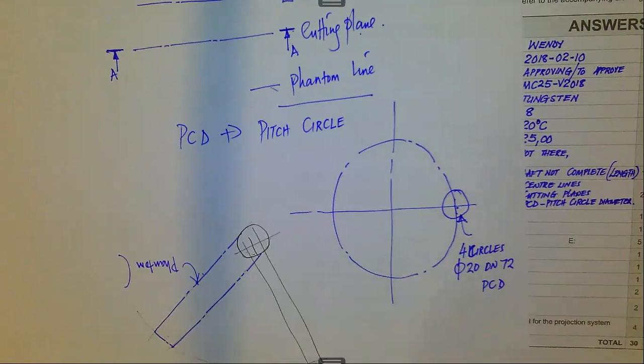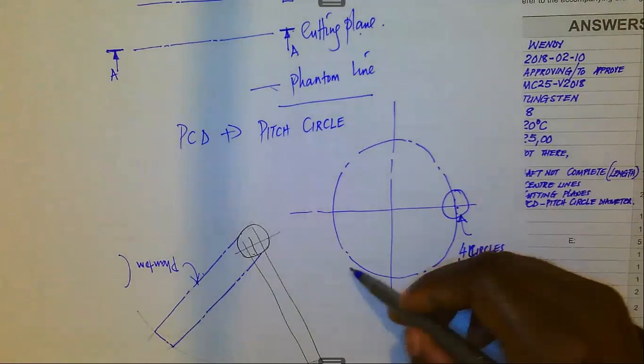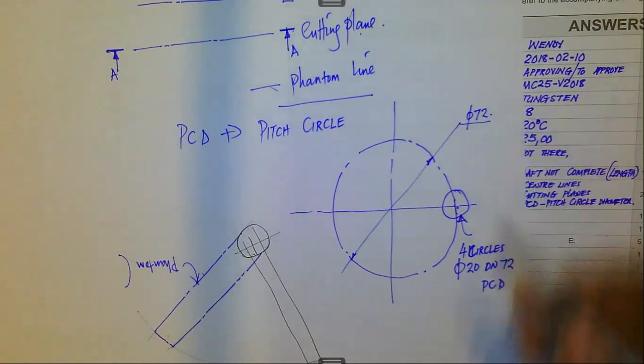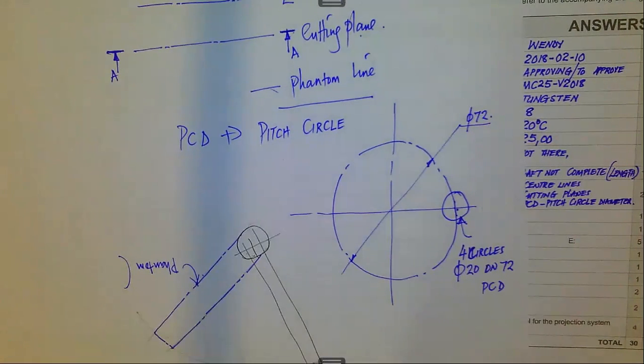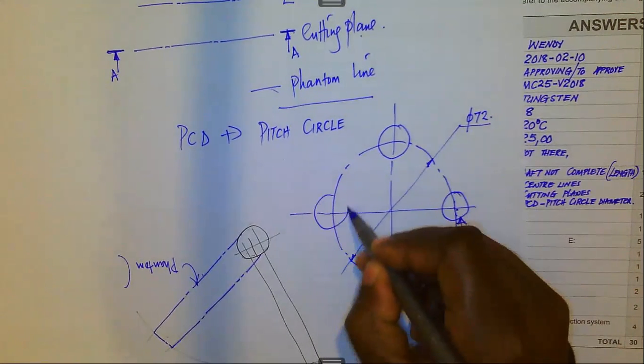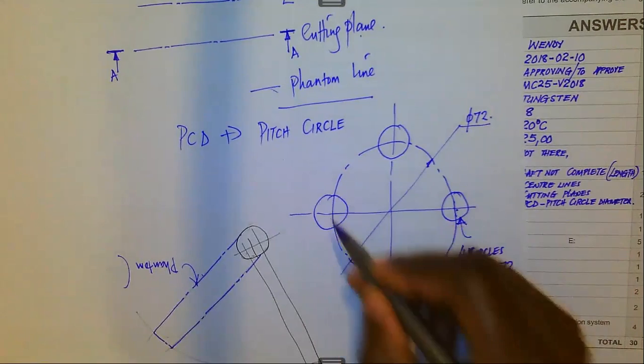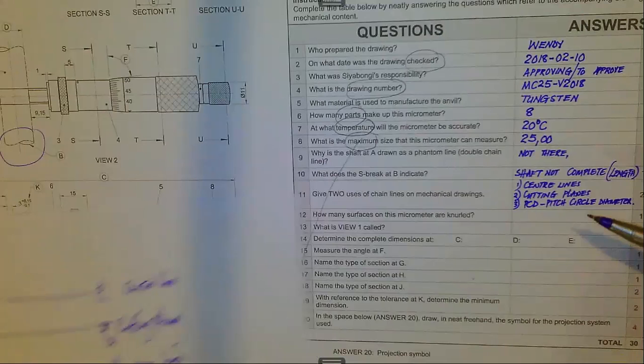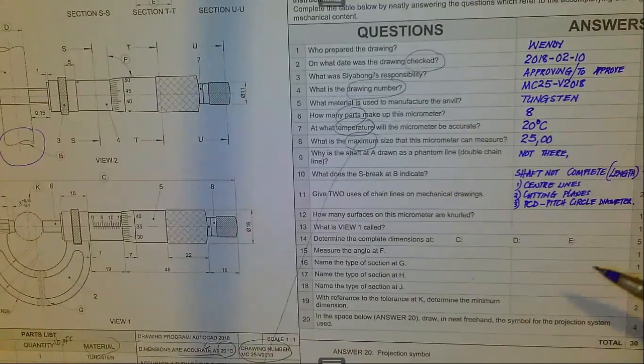The PCD basically represents this, that's the diameter 72. So it's a center line, but which is not linear, which is circular like that. Instead of drawing all these circles, we simply draw one and come up with a dimension like that. So that is the PCD. So these are some of the uses with regards to chain lines. They basically said two, we just needed to explain a bit more.